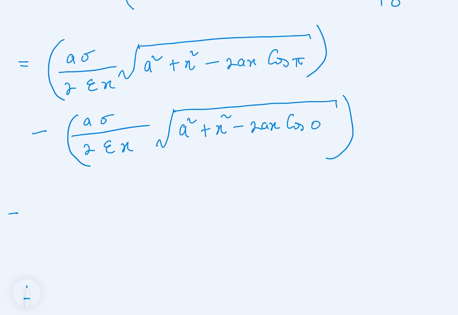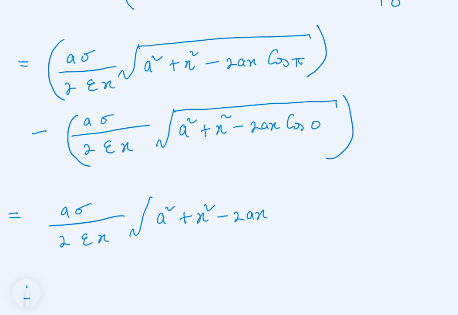And then we go ahead and evaluate this. Now this is equal to the following, because we know that cos pi is minus 1. So the first bracket is going to be a sigma divided by 2 epsilon x multiplied by the square root of a squared plus x squared minus 2ax.